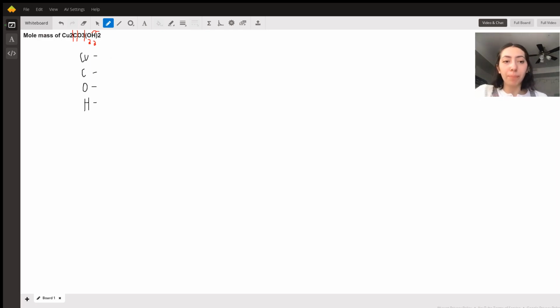My answer and your answer might be a little bit different, because each periodic table has slightly different values, just by a few decimal places. So I'm going to use my little laminated periodic table and look for copper and the mass.